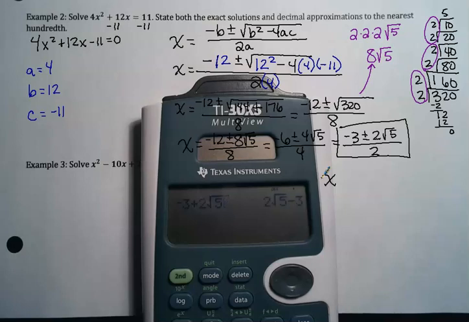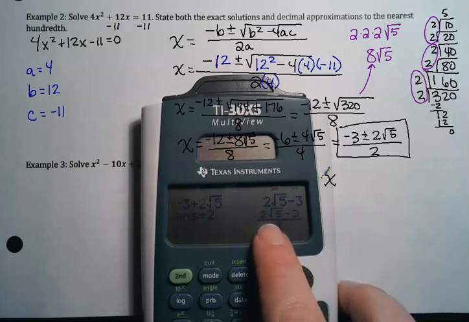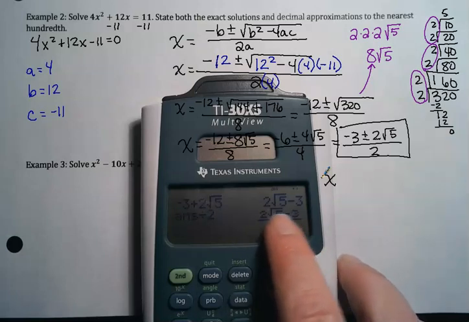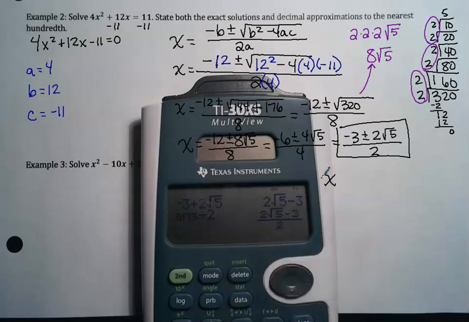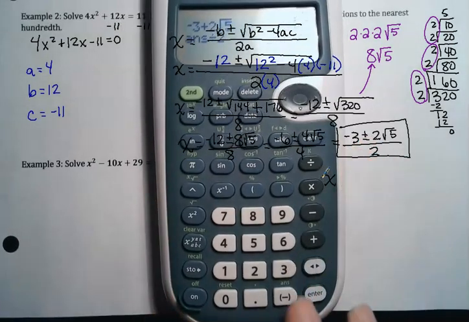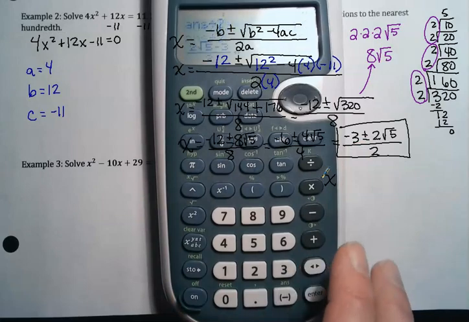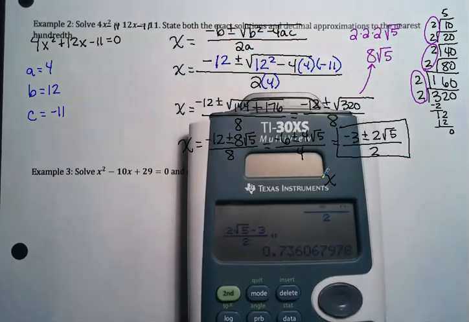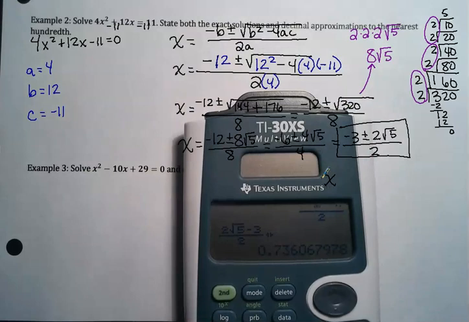So I can hit enter and then say divided by 2 equals. So that's going to give me what it would look like total. Remember, they changed the order in this calculator. All right, and then I have a toggle button on this calculator right down here. That's going to change my answer to a decimal and give me 0.736. I'm going to the nearest hundredth. So this is 0.74. So x is approximately 0.74.